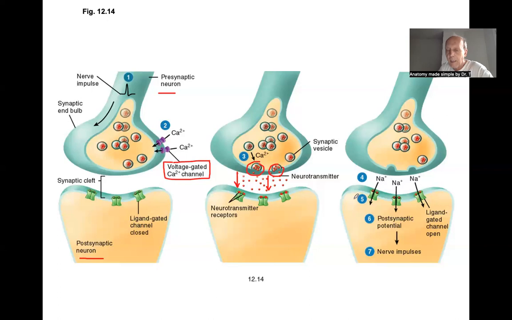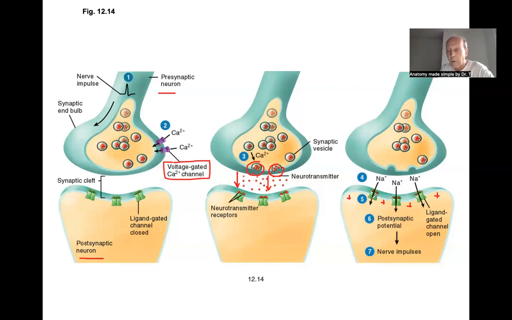This is a little extra that I'm asking you to take into consideration. Some sodium came in and it created a change practically only on this part of the dendrite. Other dendrites, rest of the postsynaptic neuron, is still very indifferent in a resting membrane potential.